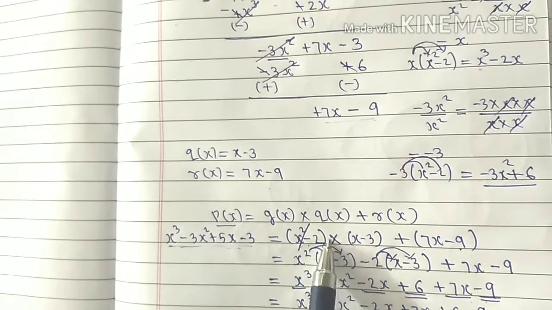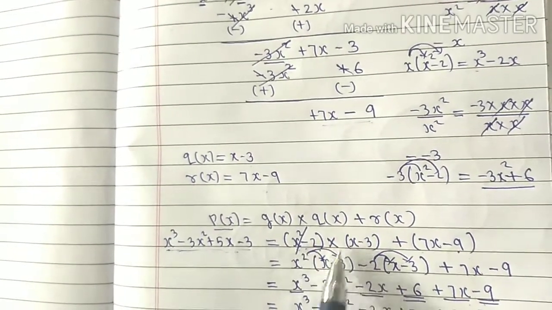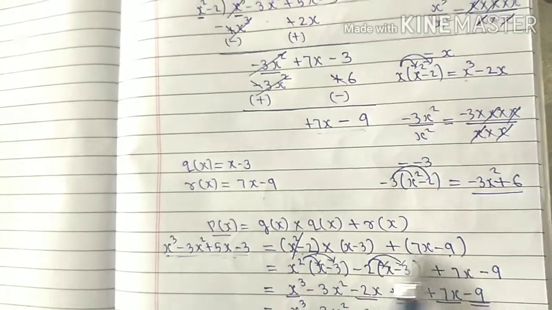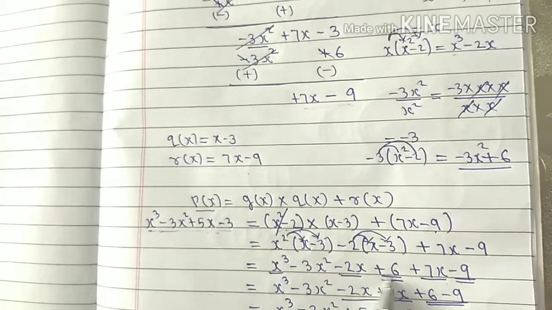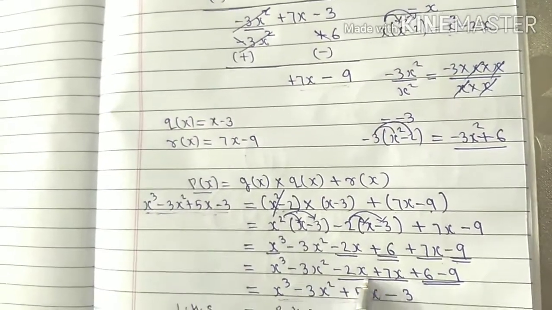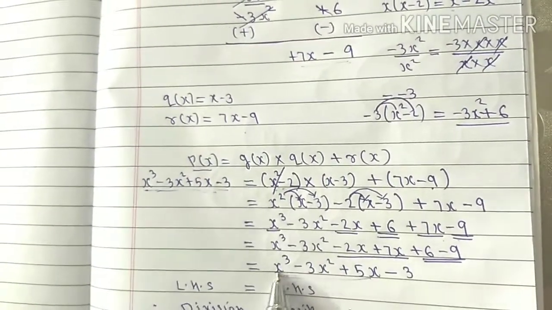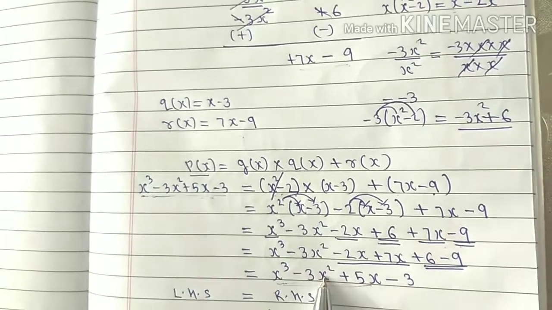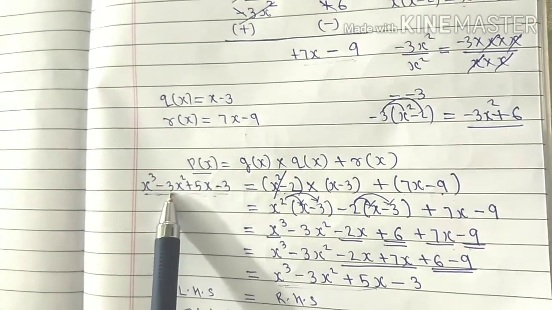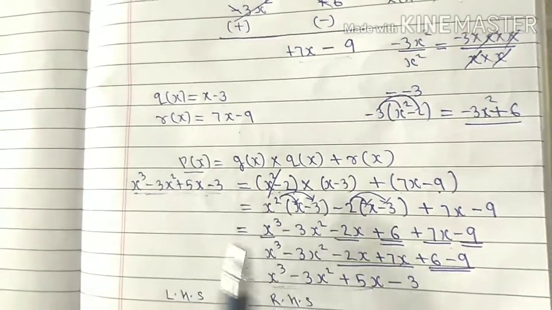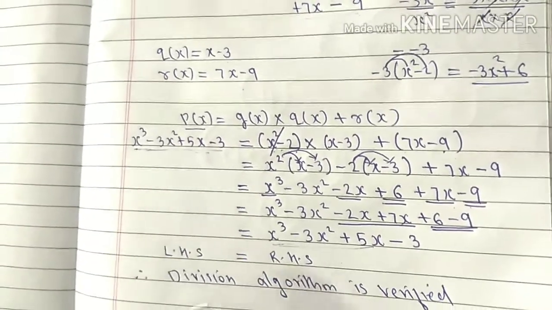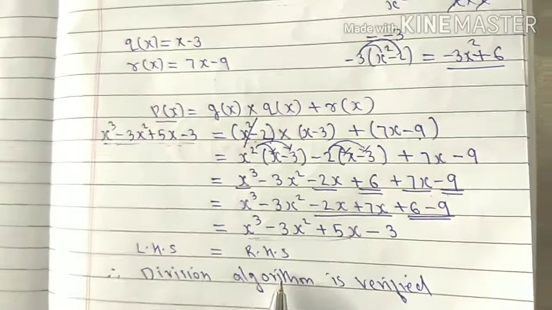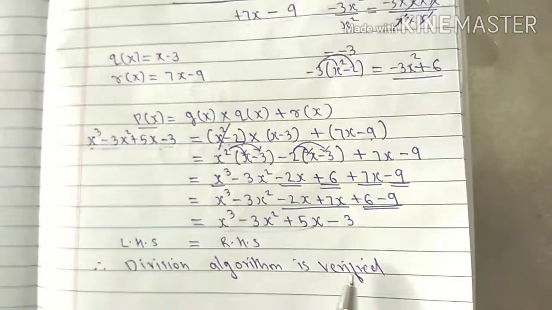As you can see that this is a multiplication sign, so multiply these two brackets together and add this bracket. After multiplying, just combine the like terms together, get the equation and compare it with your P of x, that is the dividend. So left hand side is equal to right hand side. Therefore division algorithm is verified.